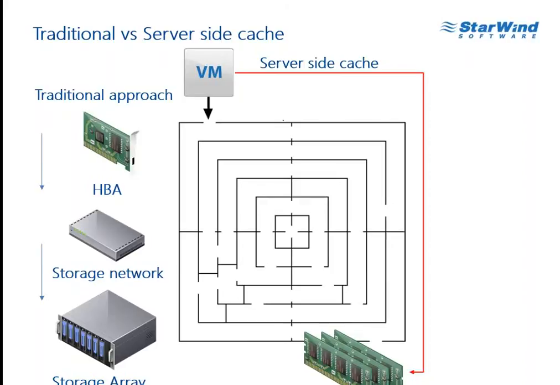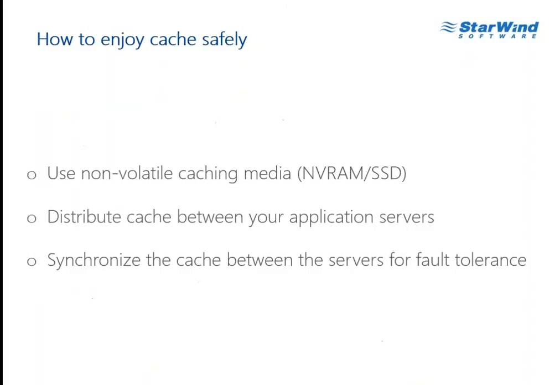Now, there are some precautions for using cache safely. Like Chris said, there are multiple ways of caching your data, and depending on the way you want to cache it, you get different caveats. Your mileage may vary and stuff like that. So there are three main principles.